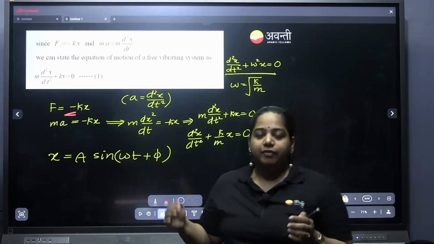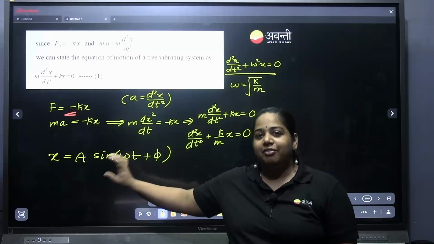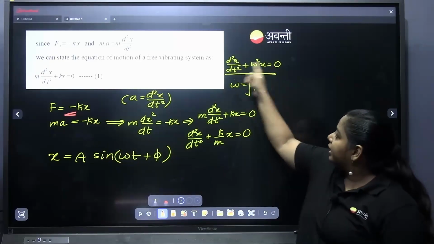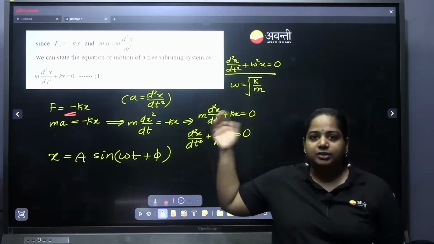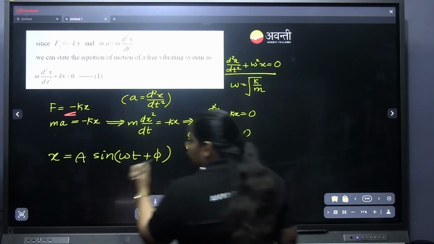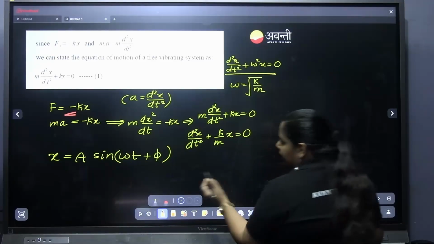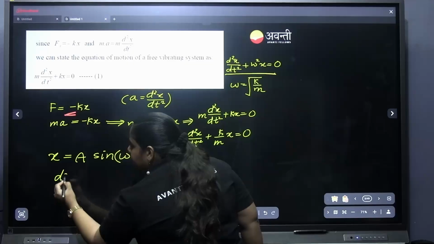This is the solution we are assuming. It is not that we are deriving this. But if you substitute it in each place, you will get that this is valid. So A will be amplitude, omega we will discuss. Now if x is equal to this, what will be dx by dt?